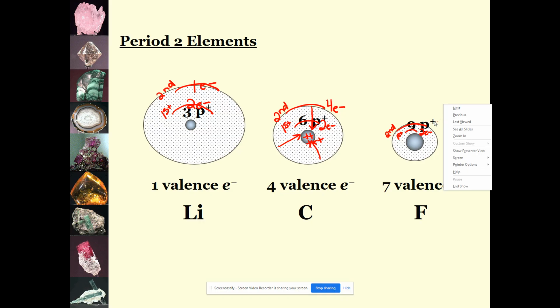Once you skip down to the next period, you do add another valence level. But as long as we're in the same period, we're at the same valence level, but we're getting more and more positively charged particles in the nucleus, so they can really start to attract the valence level, the second valence level in this example, and pull it in closer and closer. Okay, so this is why size decreases when we're in the same period as we go across from left to right.